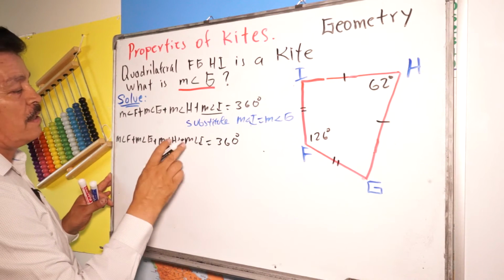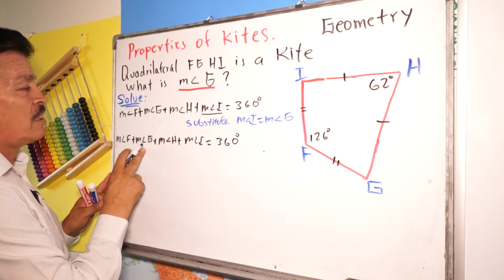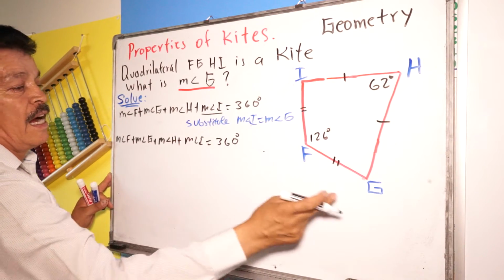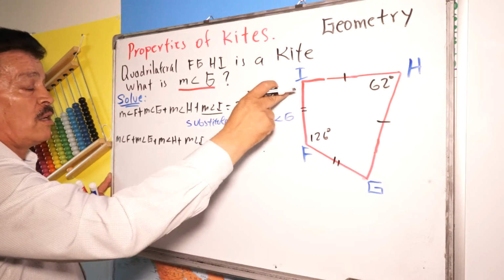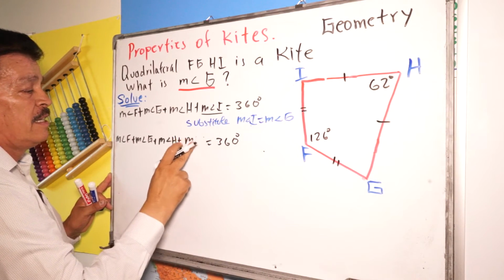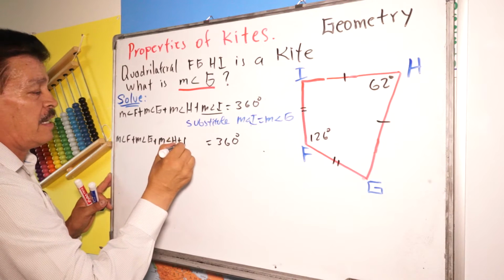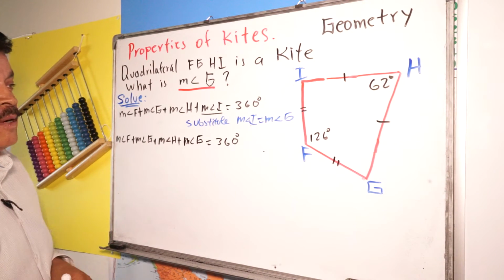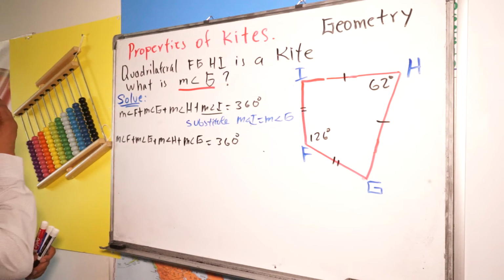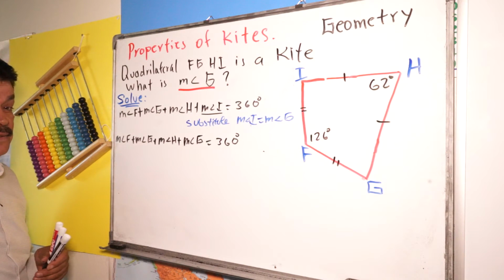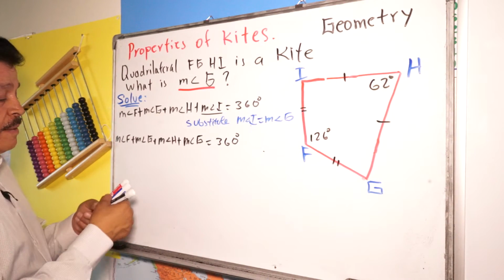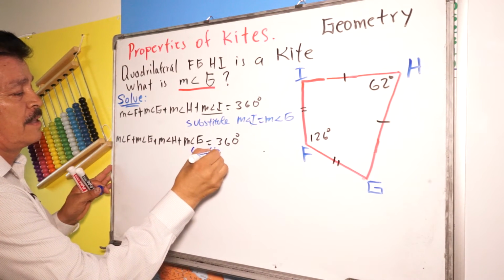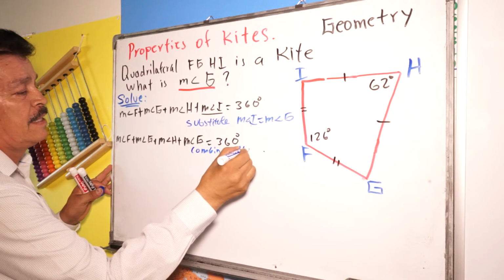Remember, angle G is equal to angle I, so here we write the measure of angle G twice, because it is the same. Here we have to combine like terms.